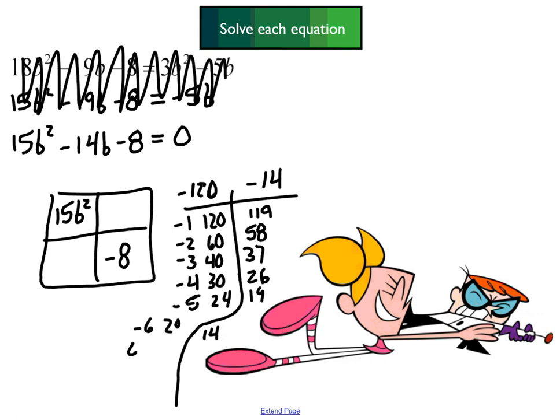So we get 6b and -20b. I need to factor out my GCFs. So in the top one, it's going to be 3b. Bottom row, sorry about that.